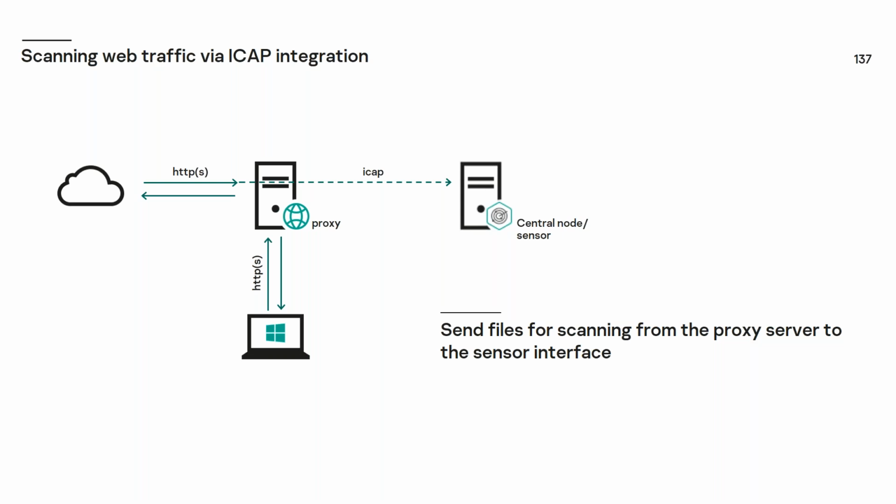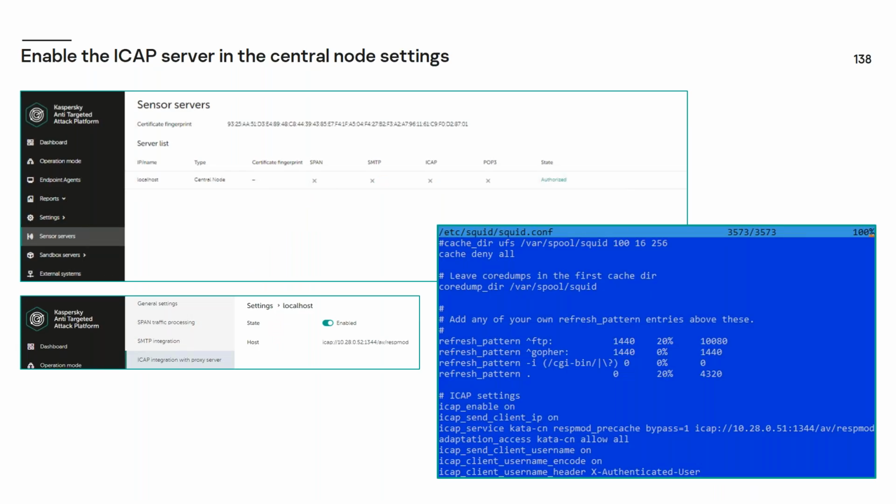Now, when we talk about the central node itself, we need to enable the ICAP server in the central node settings. So this is to enable it, and then we need to go and configure our third-party proxy to be able to send that traffic using the host's address.